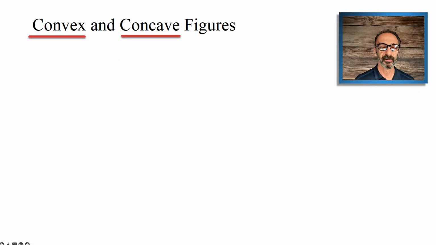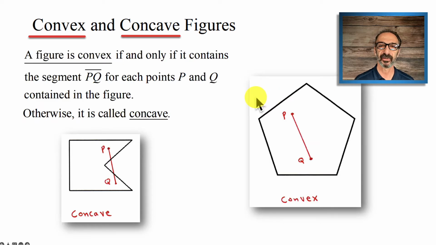Before we move on, a quick note about convex and concave figures. What is convex and what is concave? This is convex on the right side. This is concave, or not convex. A figure is convex if and only if it contains the segment PQ.